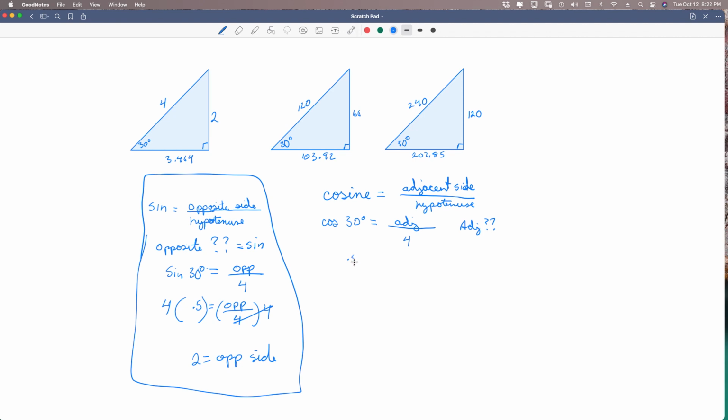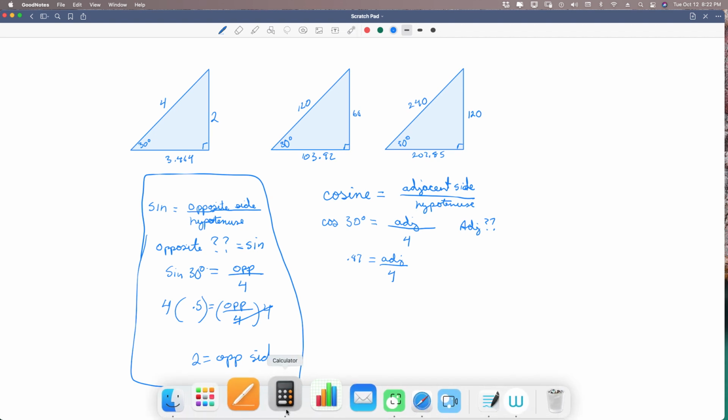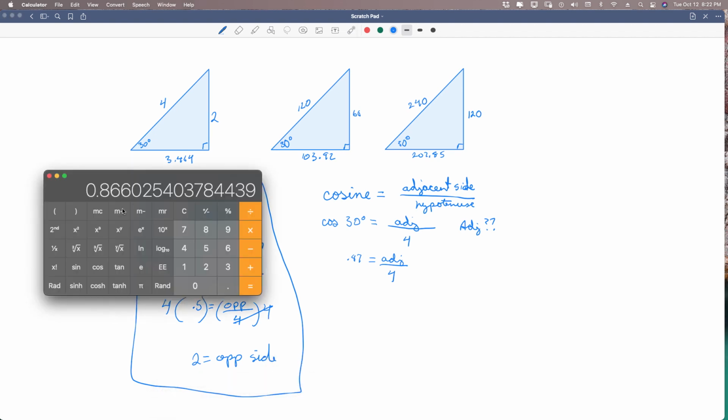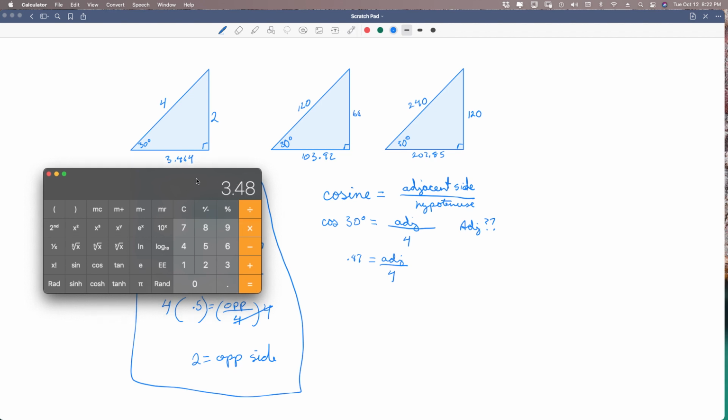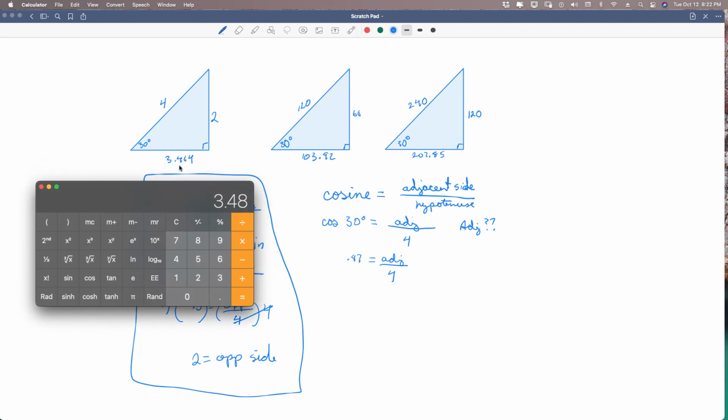So 0.87 equals the adjacent over 4, right? Now, if we do this and we say times 4, then we get the big long number. But if we just use the rounded number that we had, times 4, we get a little bit different response.